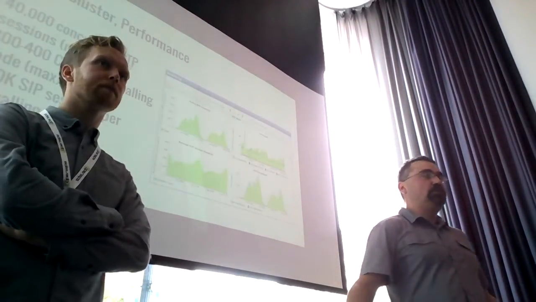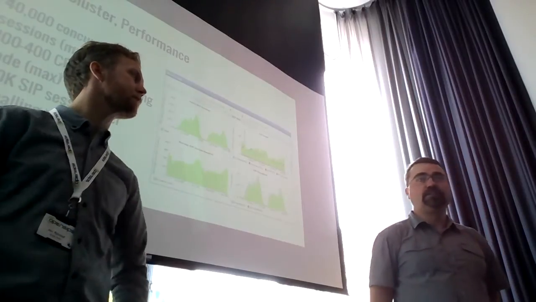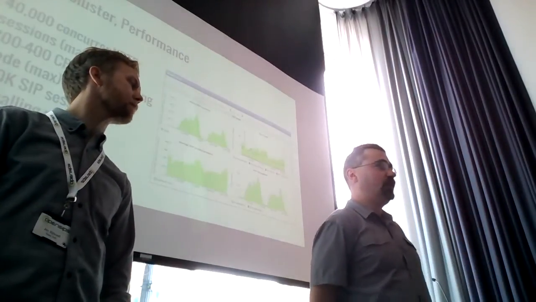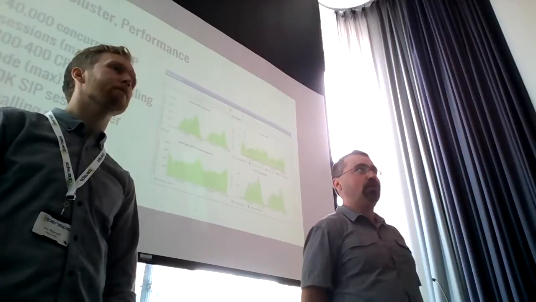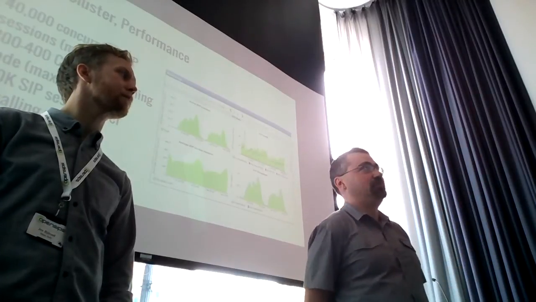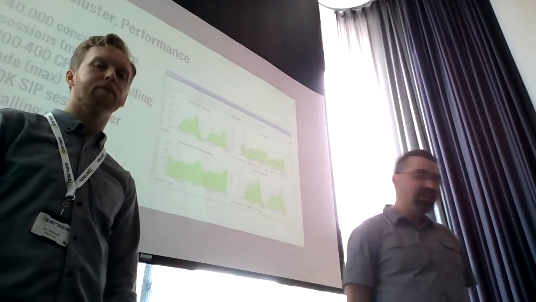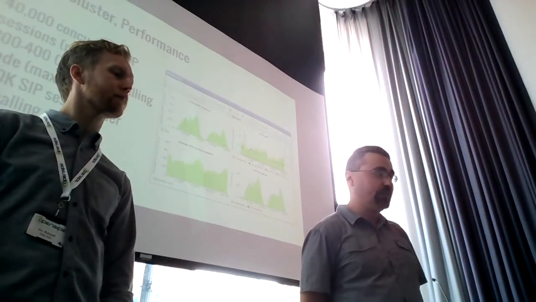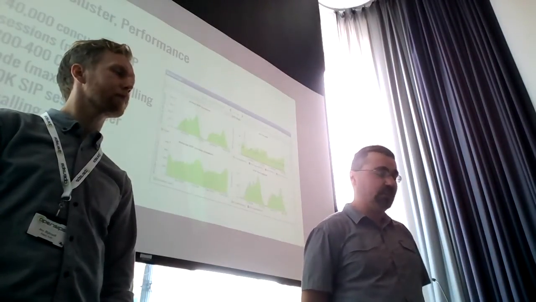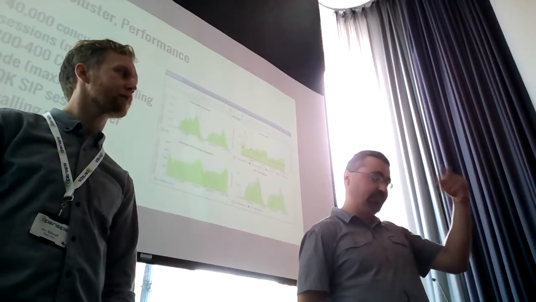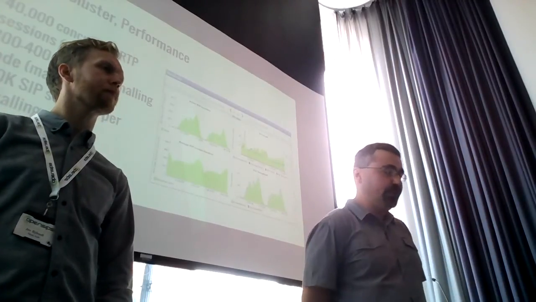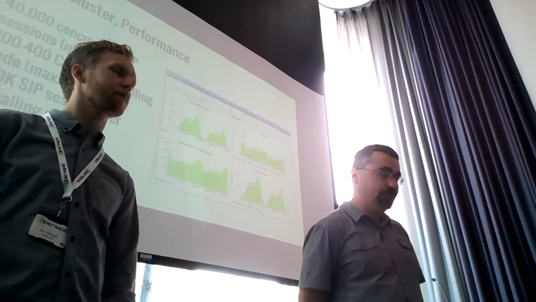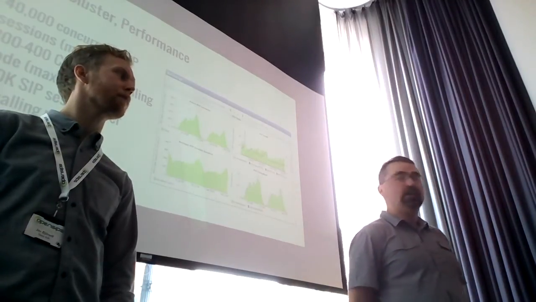Most of this limitation comes from the fact that RTP cluster itself is written in Python, so it's not a speed demon. But it works, and if you need more than that in CPS terms, you can technically run several instances on the same node. It should not be a big problem. You will probably waste a little bit of memory, but not a huge deal.